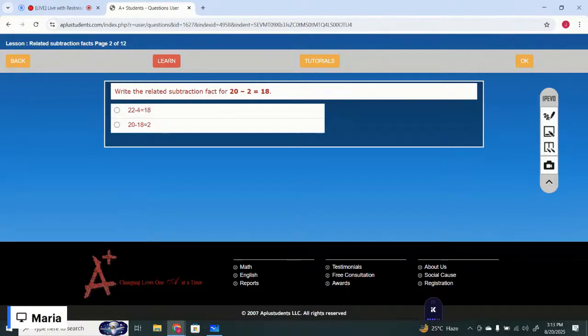Write the related subtraction fact for 20 minus 2 equals 18. Option number 2 is the correct option. That would be 20 minus 18 equals 2.